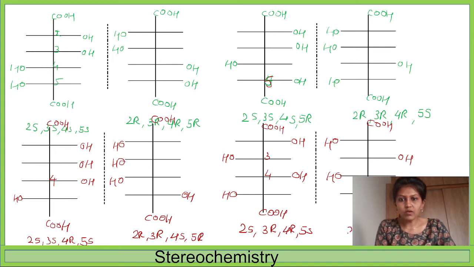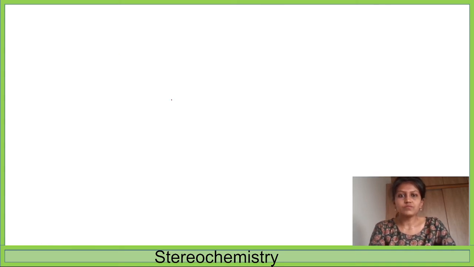So 2S becomes 2R, 3R becomes 3S, 4R becomes 4S, and 5S becomes 5R. So here we can say there will be a total of 8 optically active stereoisomers in a symmetrically substituted molecule having an even number of chiral centers.